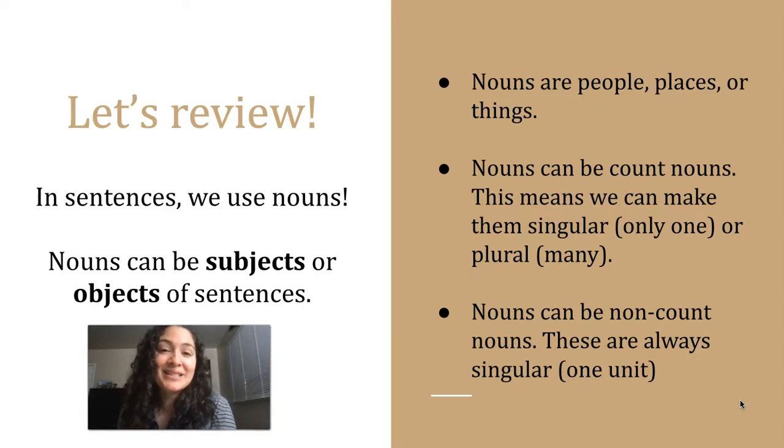We also can use non-count nouns like information, money, knowledge, bread. These are always singular. We don't say rices, breads. No. We think about it like one unit, one group.